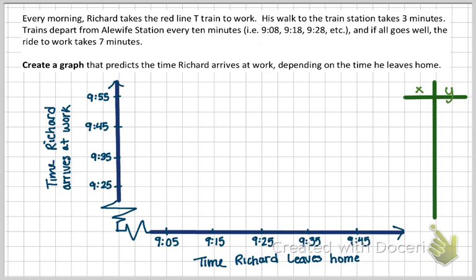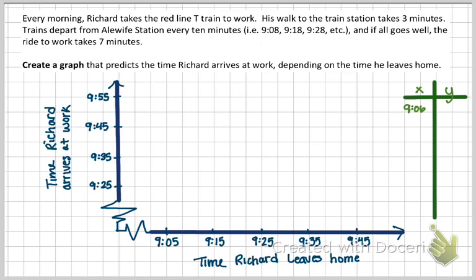But if he leaves at 9:06, so I'm going to start my T table with x there, he gets to the train station at 9:09, and he's going to miss that first 9:08 train. So he's going to have to wait until the next train, 9:18, and then take 7 minutes.